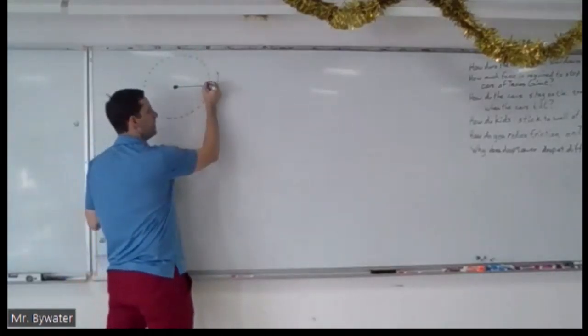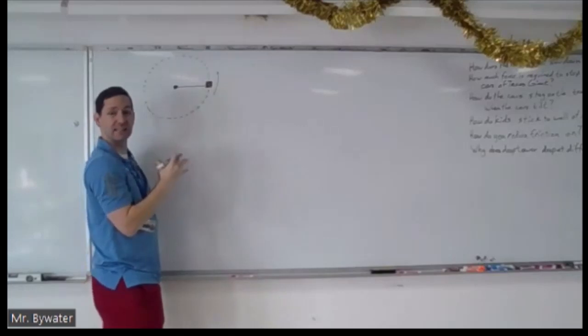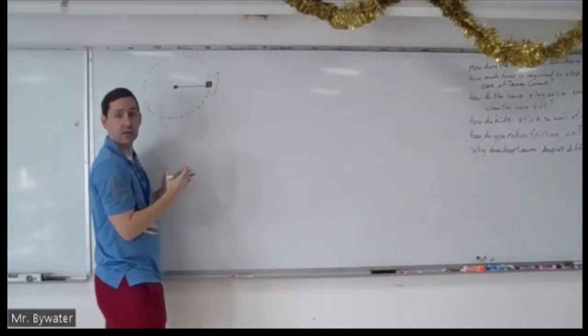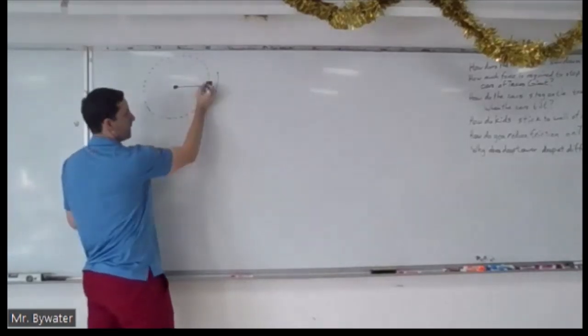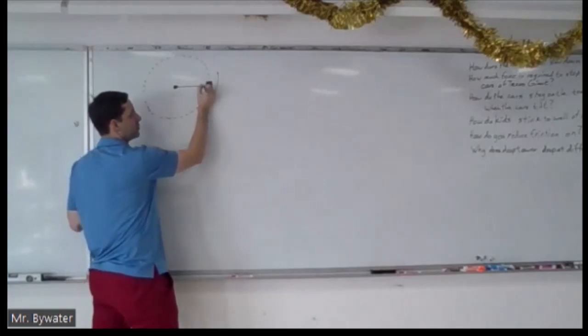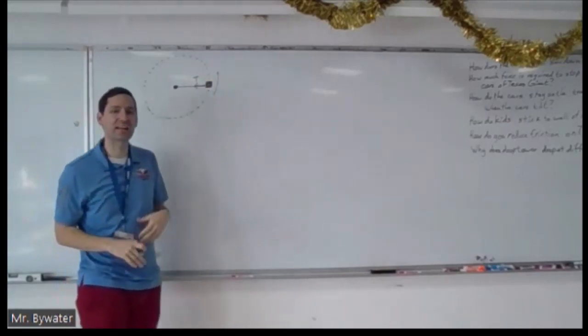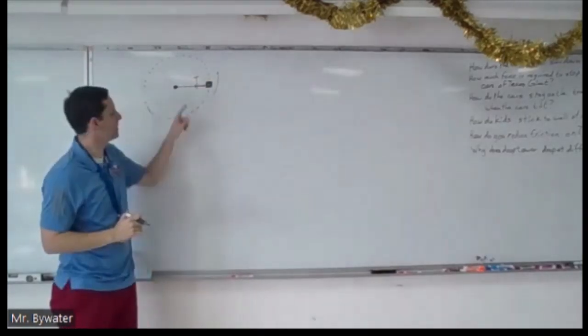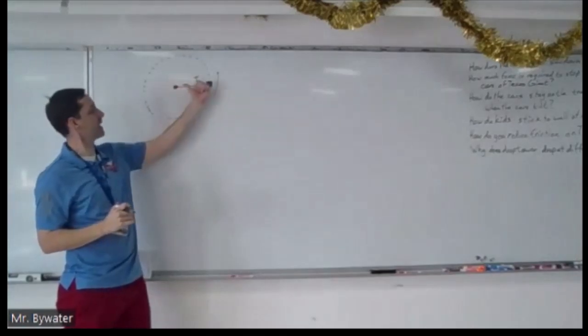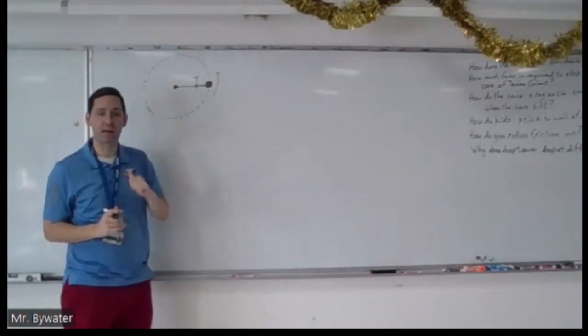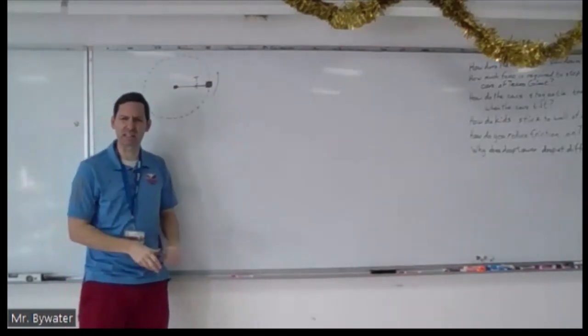Now, the only thing here that I can see that's contacting Mr. Monkey is the string. Now, the string is going to exert a force in this direction. Now, we normally call a force of a string tension. And so the tension of the string is actually pulling the monkey towards me. Now, that should kind of make sense, right?